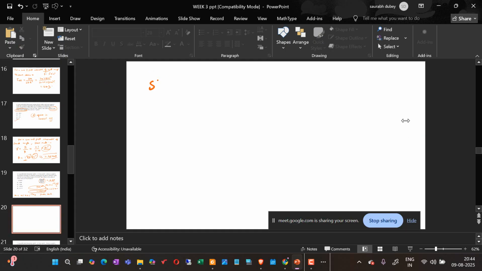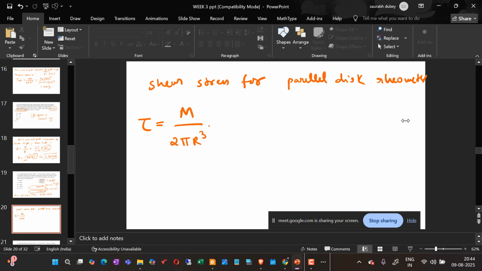Is this the shear stress for a parallel disc rheometer? Tau equals M divided by 2 pi R cube, right? And this is 3 plus d ln of torque divided by d ln of omega, right?